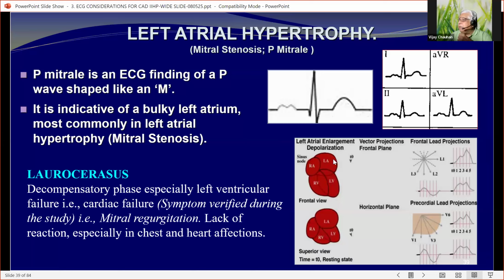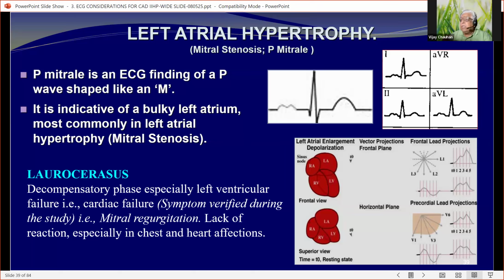But here we find left atria has got bigger volume because there is a constriction of the aperture which allows atria to communicate with the ventricle. So blood cannot go easily. So atria has to contract with the power and it has to use extra power. So muscles they become big and that particular atria also dilates.